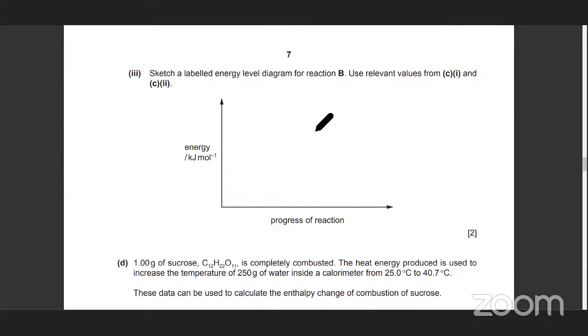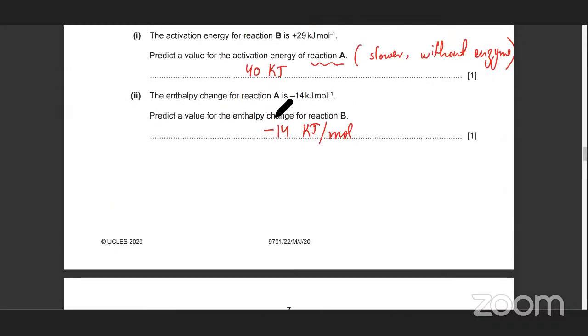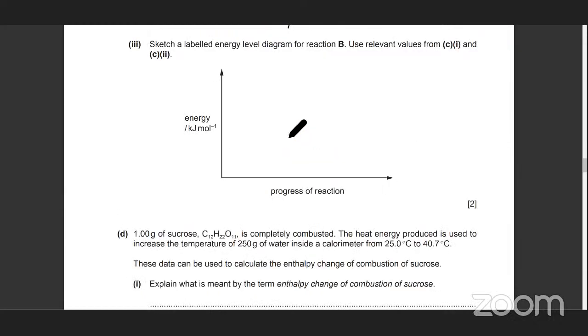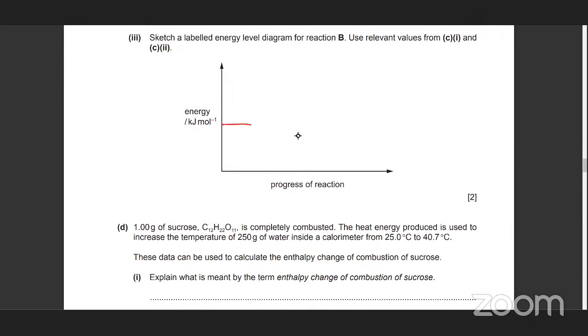So reaction B की बात हो रही है. So if you look over here, reaction B और A की enthalpy change तो same है. तो इसका मतलब है it's an exothermic reaction minus 14. In an exothermic reaction, the reactants are going to be at a higher energy and the products are going to be at a lower energy. So this is the activation energy. This is minus 14.